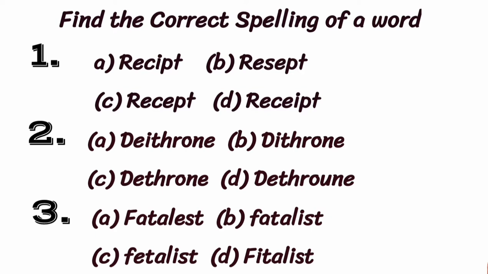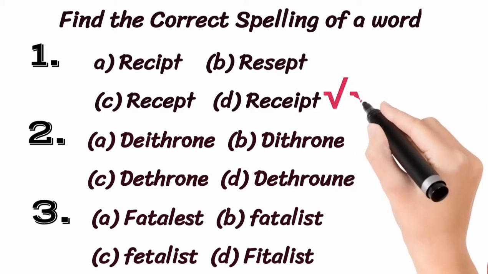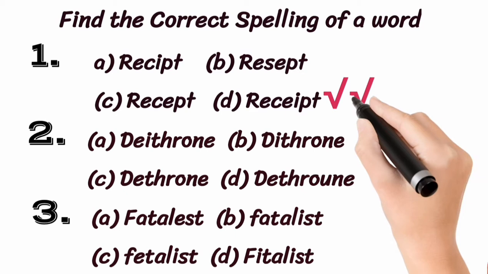So let me tell you that the correct spelling for the word receipt is not RECEPT, but it is RECEIPT. So option D is correct. RECEIPT is the correct spelling. The second question is to find the correct spelling for the word dethrone.